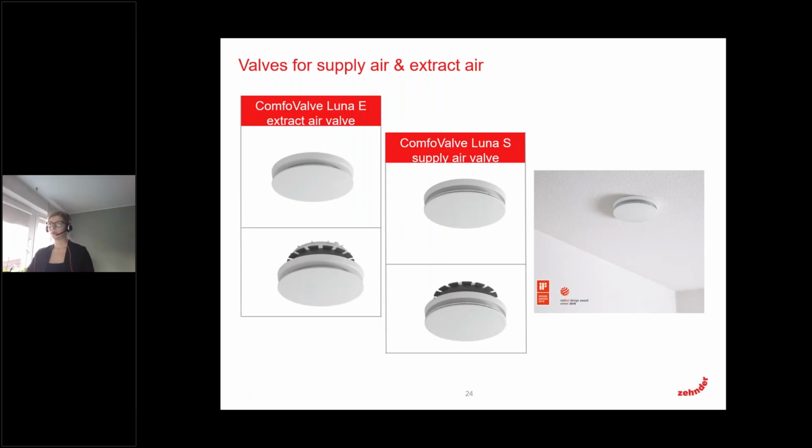And also part of the air distribution system are, let's say, the final elements, the grills and valves. In our range, we have nice homogeneous design supply and extract air valves, ComfoValve Luna E for the extract air and ComfoValve Luna S for the supply air.